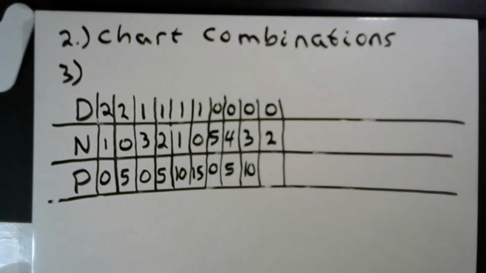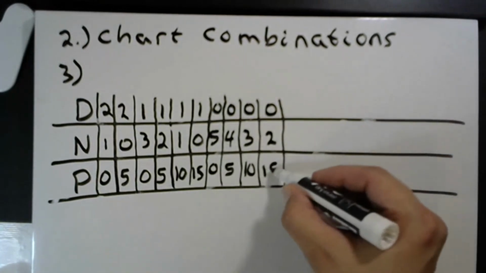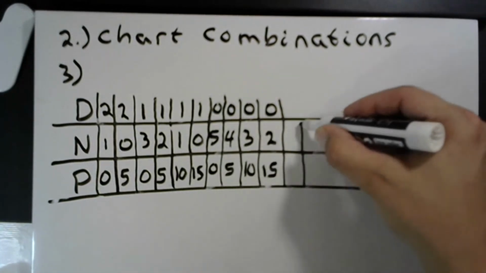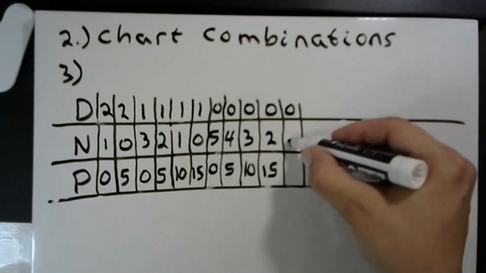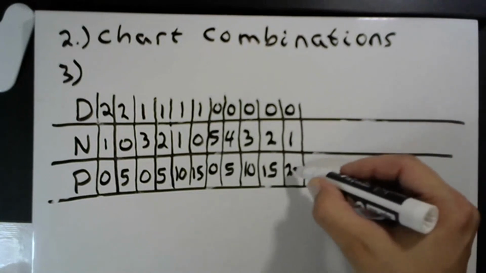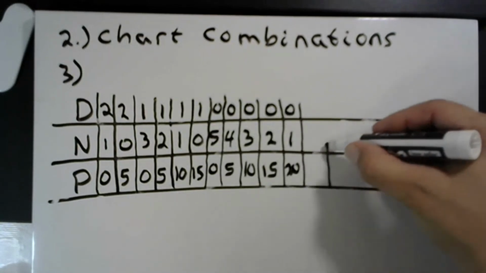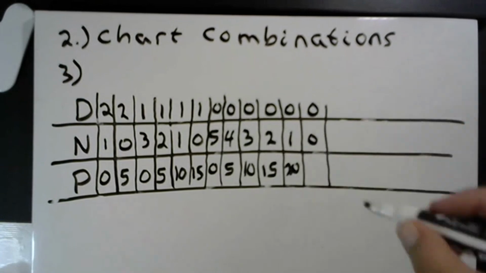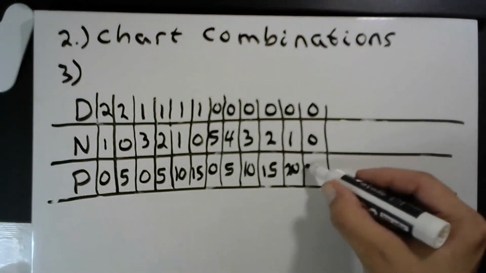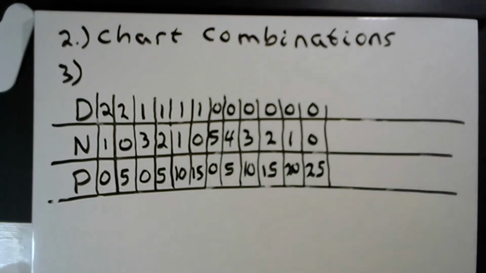Or 2 nickels, 15 pennies. Or 1 nickel, 20 pennies. Or 0 nickels, 25 pennies. And that's going to exhaust all of our combinations.